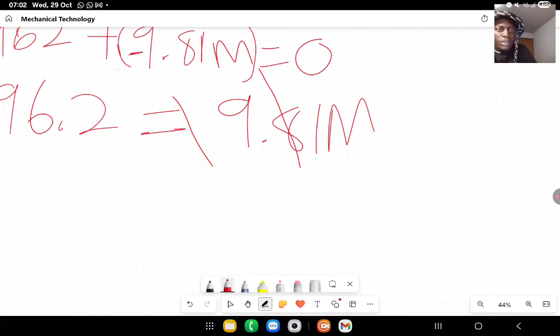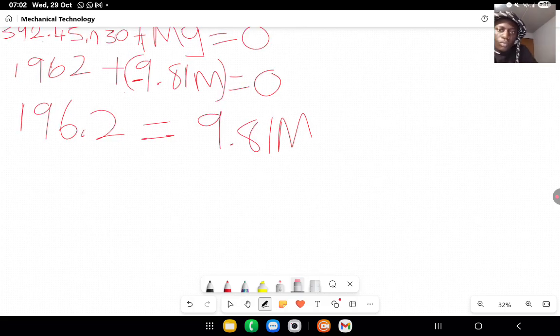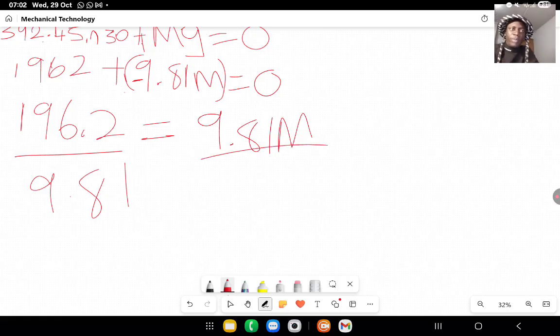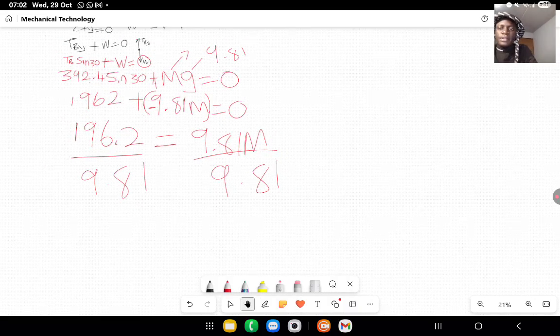Now it's maths, it's not mechanical, it's maths. We are going to say 9.81 divided by 9.81. Therefore we get our mass.